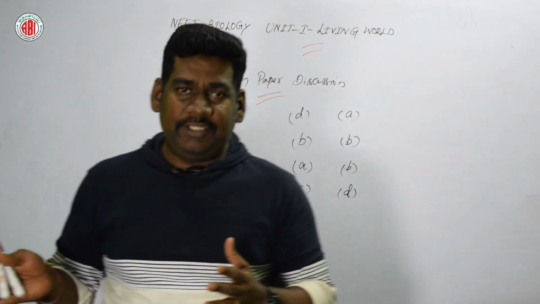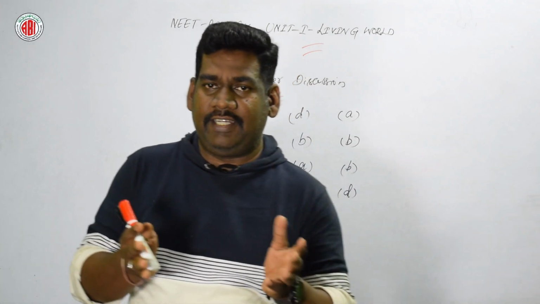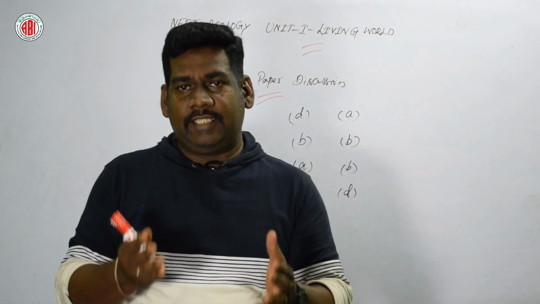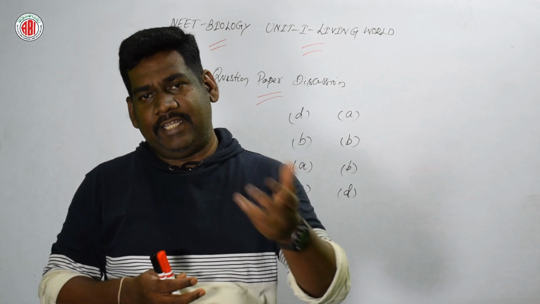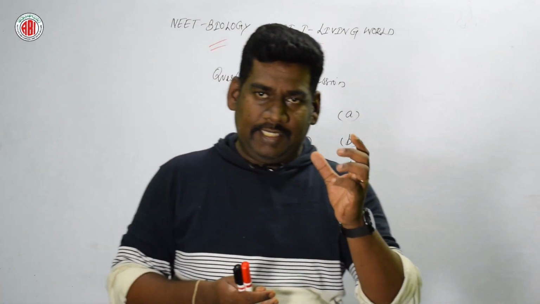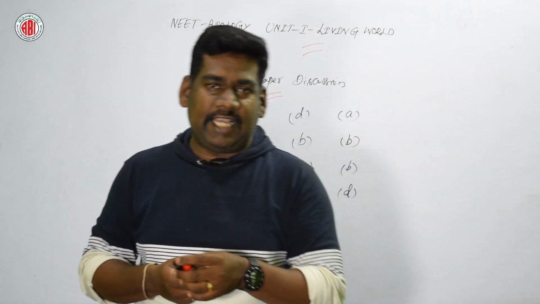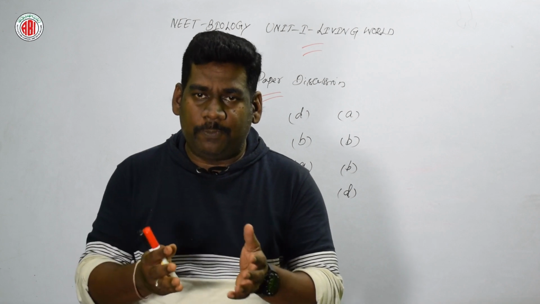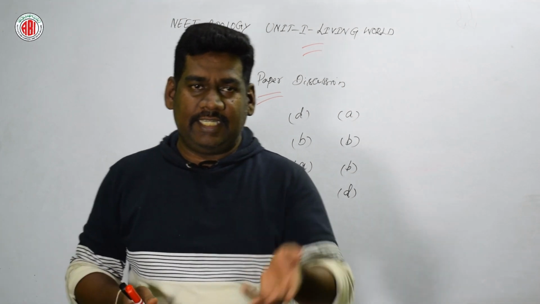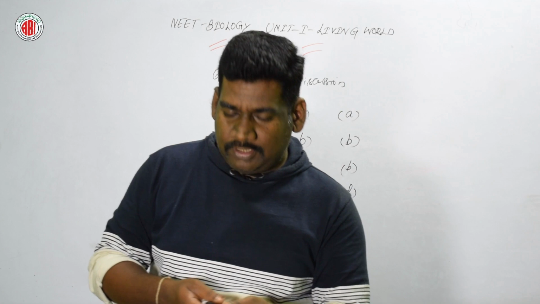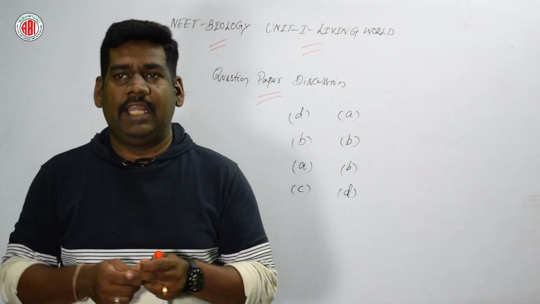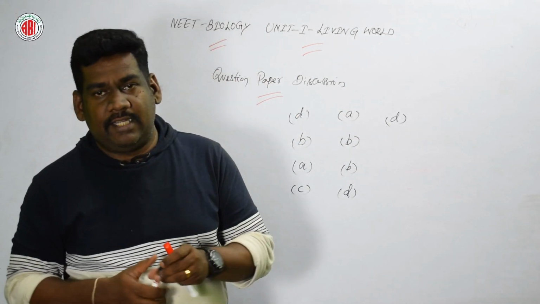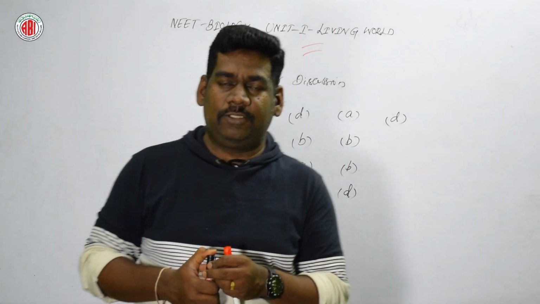Taxonomic categories we have discussed in detail, the different categories of taxonomy like species, genus, family, order, phylum. So the exact definition of a taxon is a taxonomic group of any ranking. The right answer for this question is option D. Now let us go for the next question.